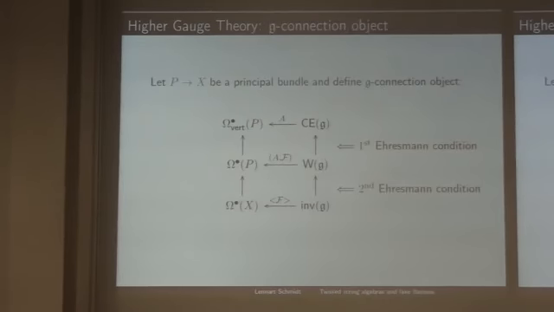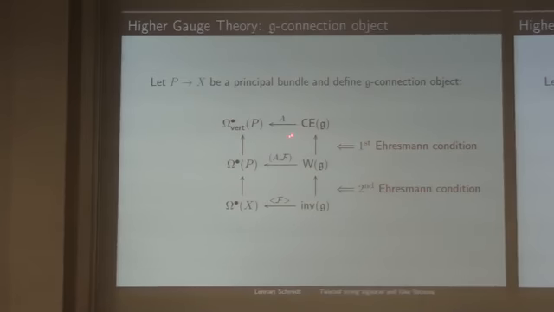So you can do it a little bit better, be a bit more precise, and define what is called a g-connection object. So this is essentially a diagram of this form. On the right here we have this short exact sequence. Here I have my morphism coming out of the Weil algebra to, okay, P is a principal bundle over X, so I now look at the total forms on the principal bundle.